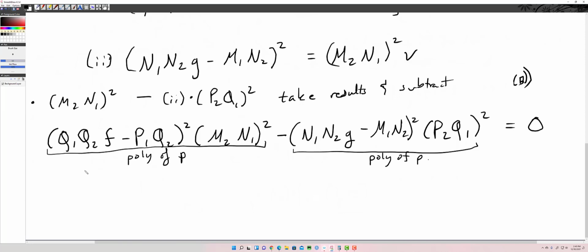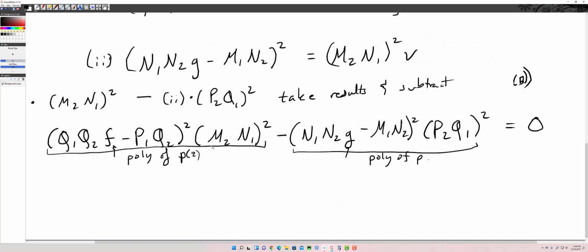Okay? What I can find is a resultant polynomial of F and G such that I get rid of P here. I've already eliminated V, so I don't have P prime anymore.